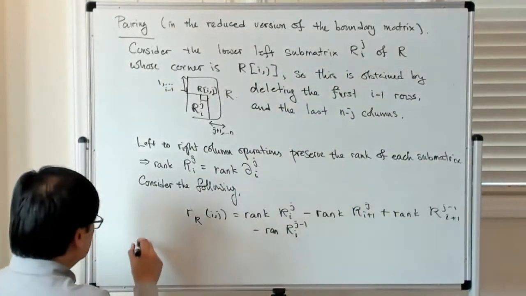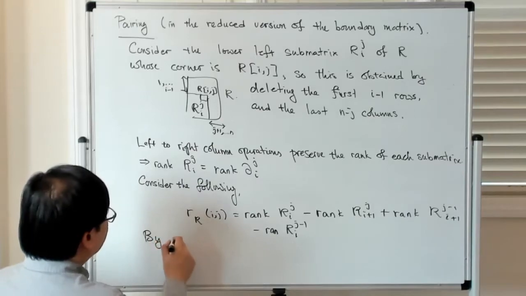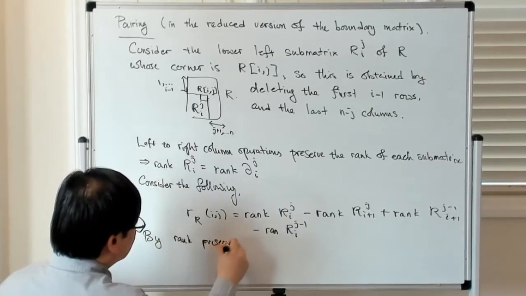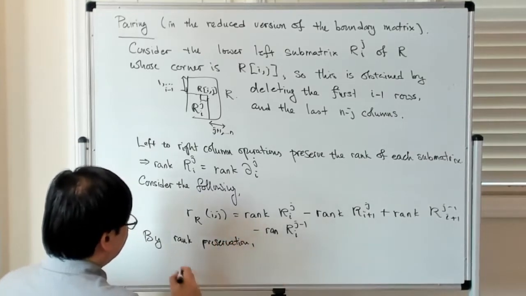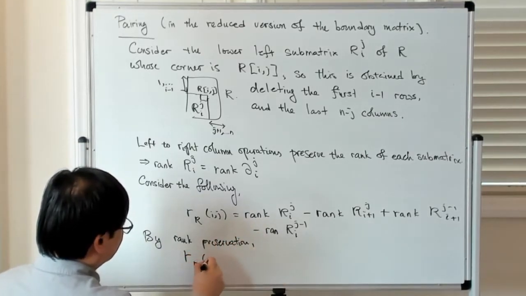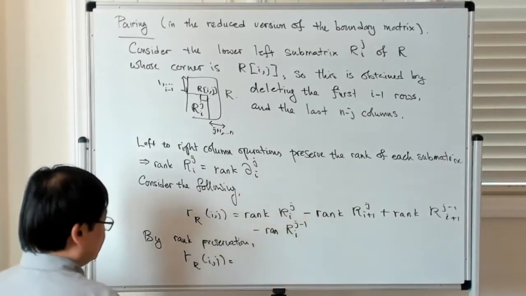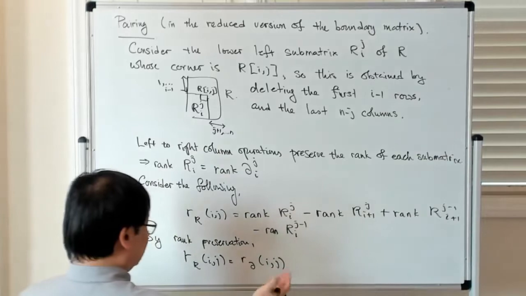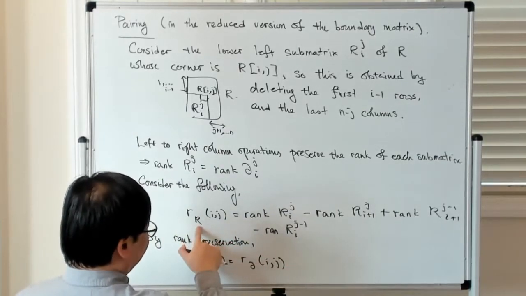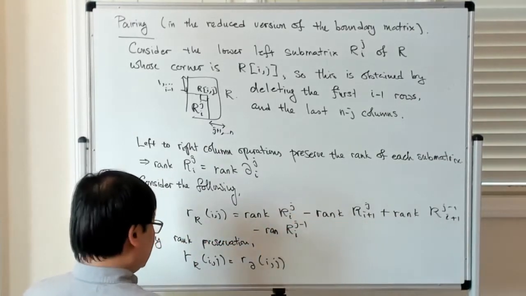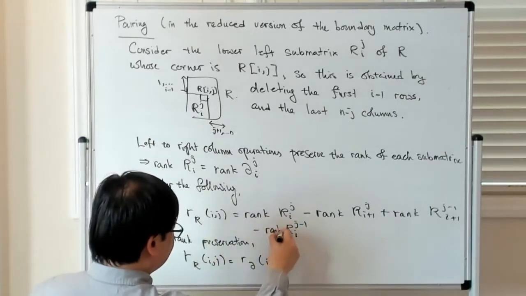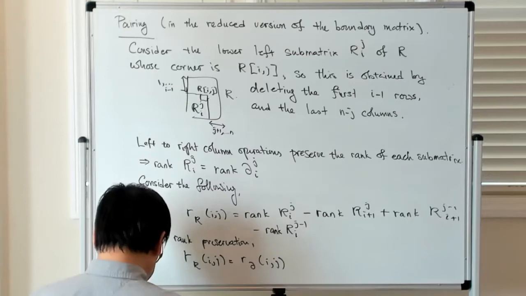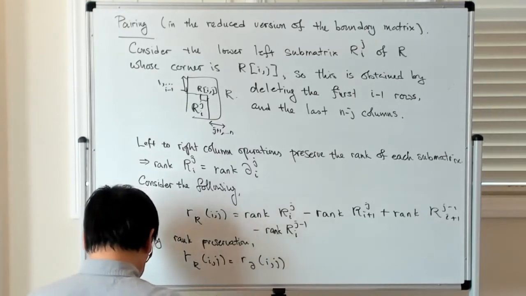So by rank preservation, we know that r_ij is equal to the boundary's r_ij, with the obvious thing where you replace big R with the boundary in all of these expressions.